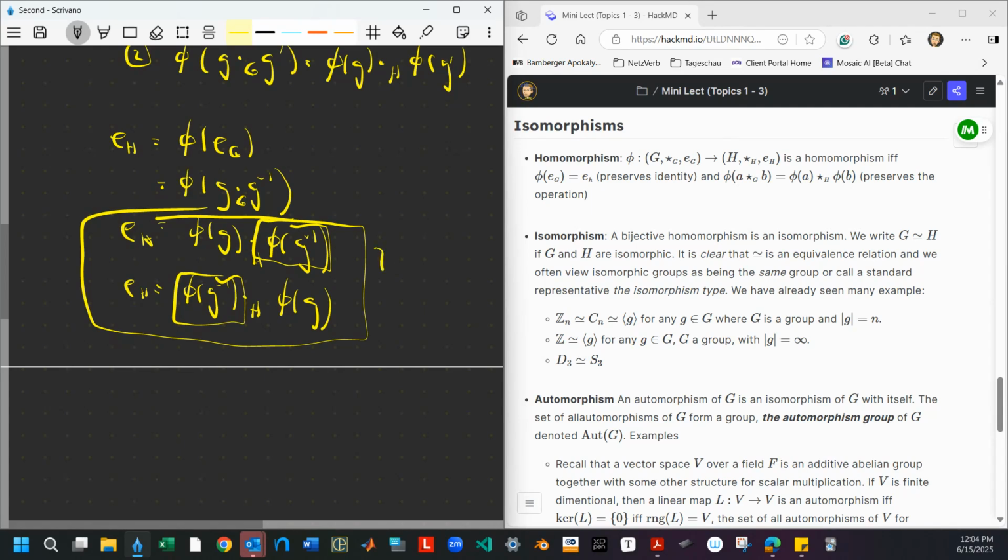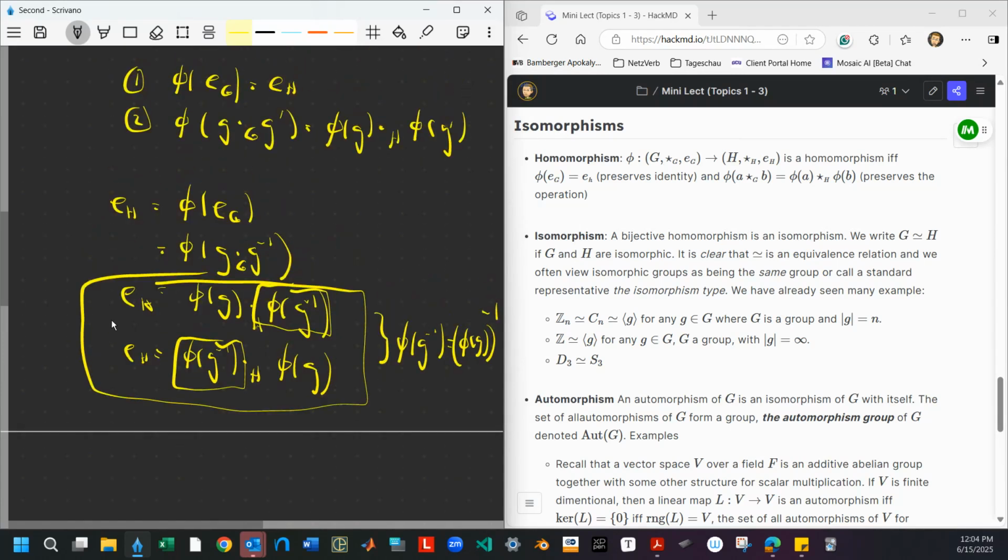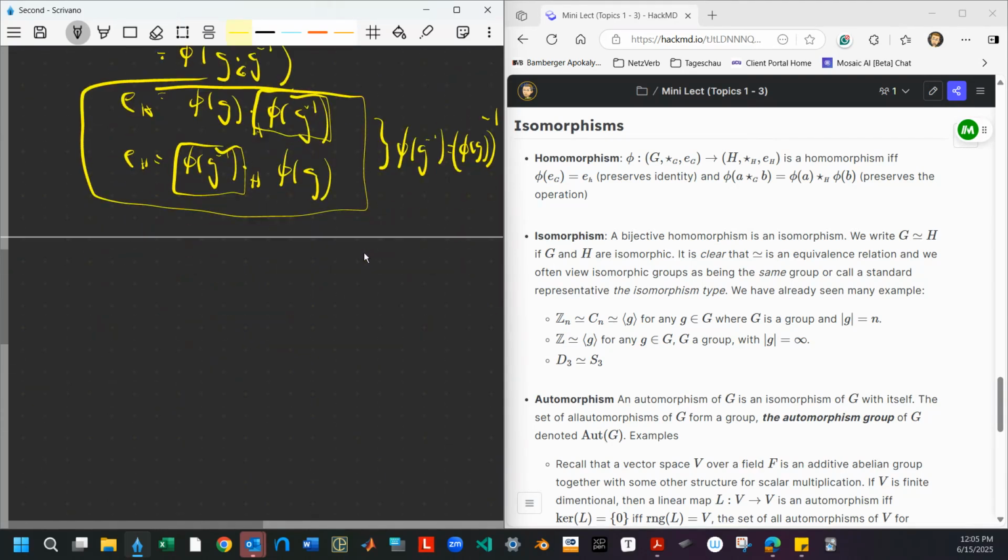So these two things together tell me that phi of G inverse is in fact the inverse of phi of G. It's not for free, we had to prove it. This will become more important when we're dealing with rings later to think about when this happens and when it doesn't happen. We definitely needed both of these things for that argument to work. So just keep that in mind, and I'll mention it again when we get to rings.